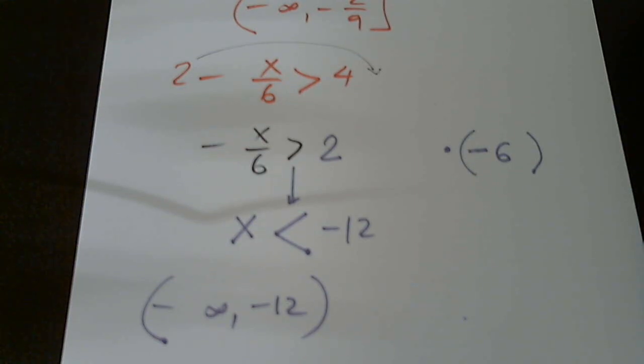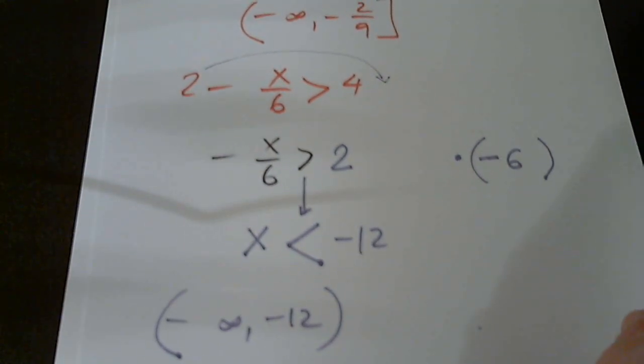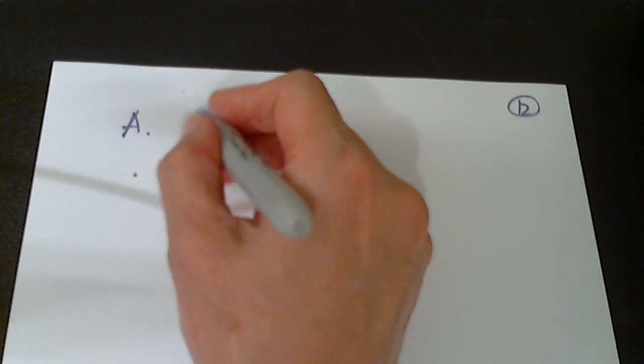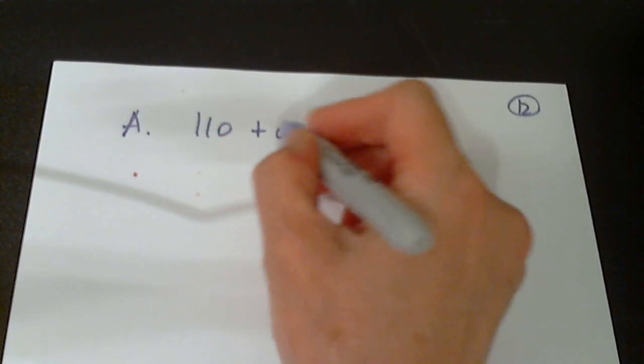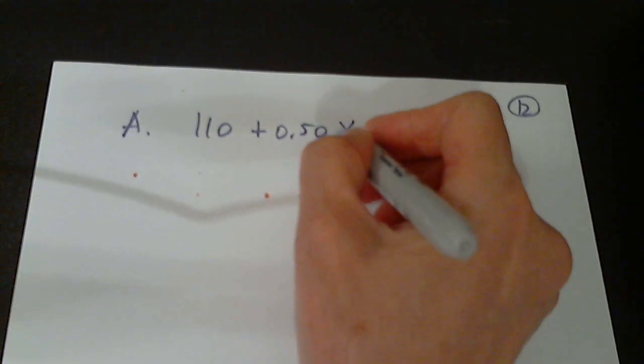Okay, one more. A truck can be rented from company A for $110 a day plus 50 cents per mile. So plan A, if you want, 110 plus 50 cents times the number of miles.